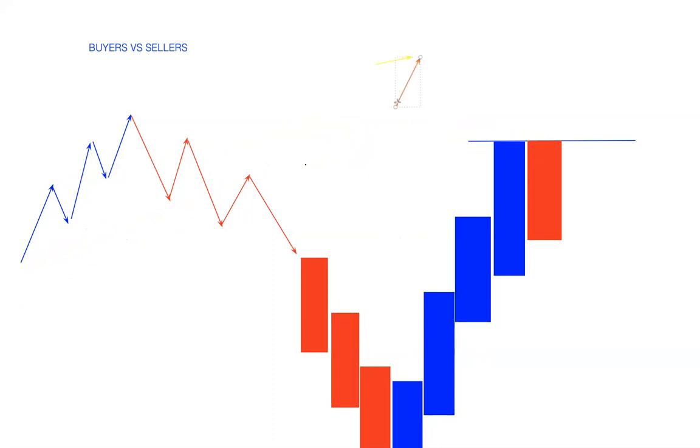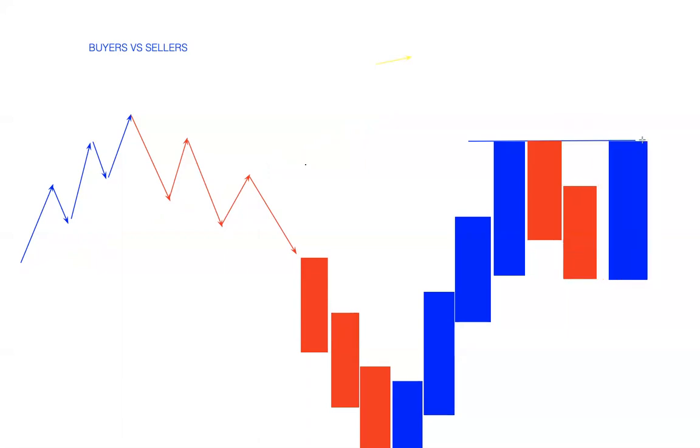Or, you know, it might even be like this. I mean, sometimes it's not perfect. It's not just going to go straight up and straight down. Sometimes it may play around with you like this. And then after that, it might make a blue candle from there.